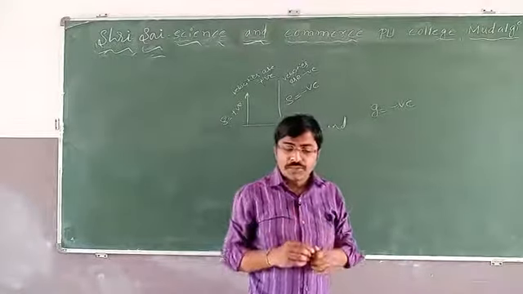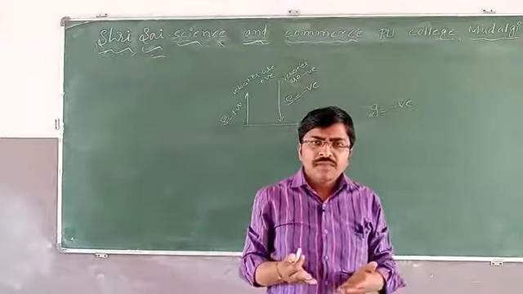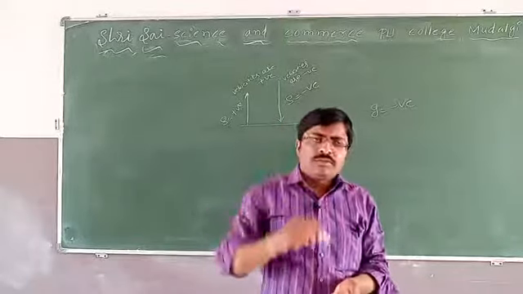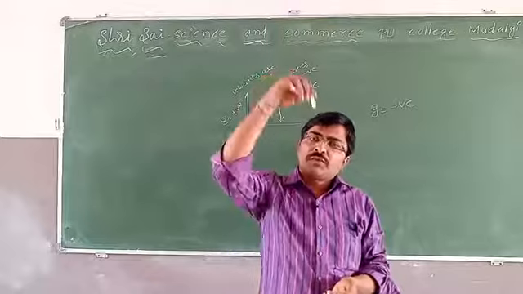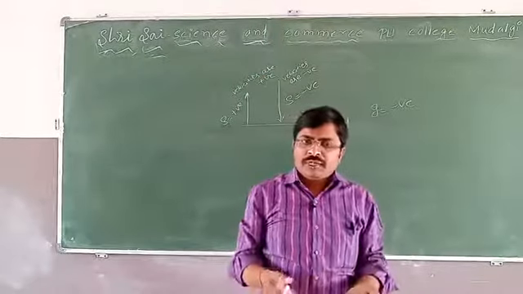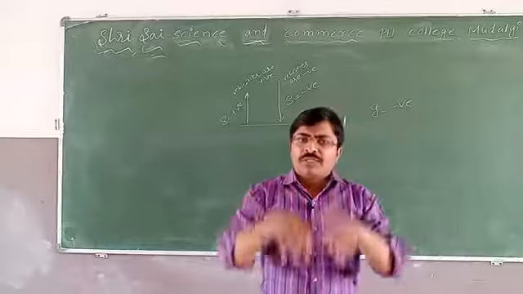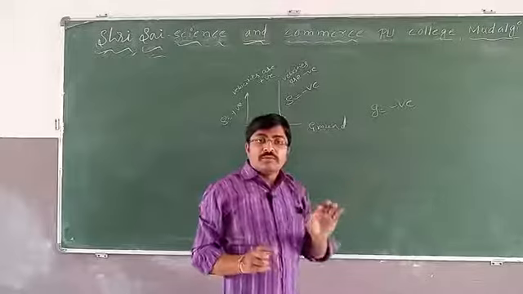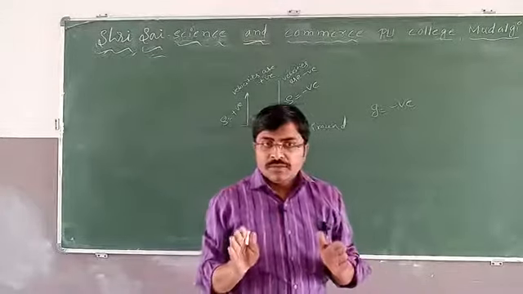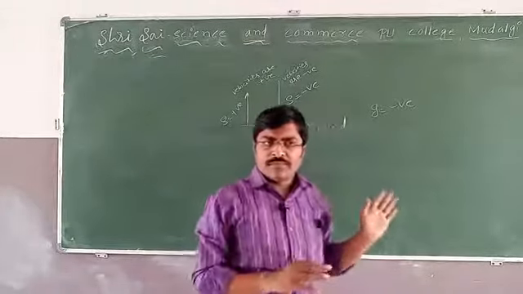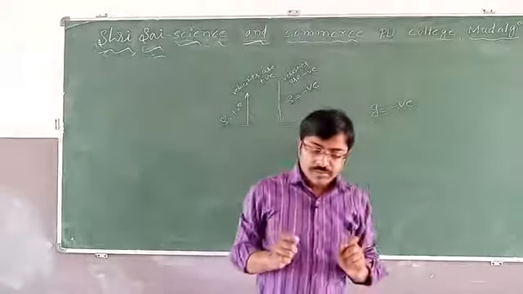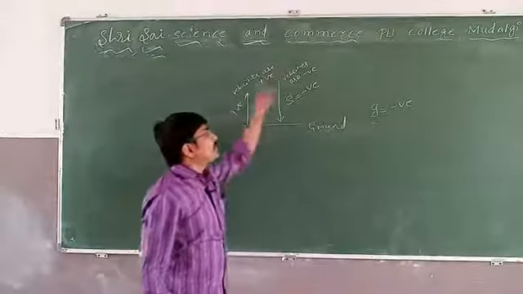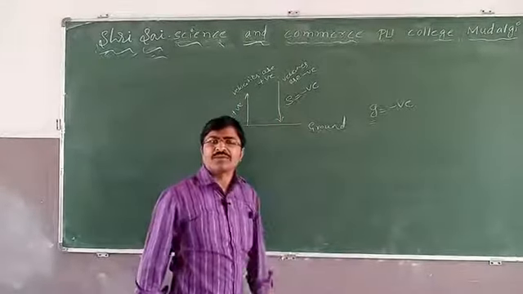But in most books they use a different sign convention: for upward motion g is negative, for downward motion it is positive. That method also can be used, but if you take g as always negative and apply these sign conventions, it is very easy to solve the problems.